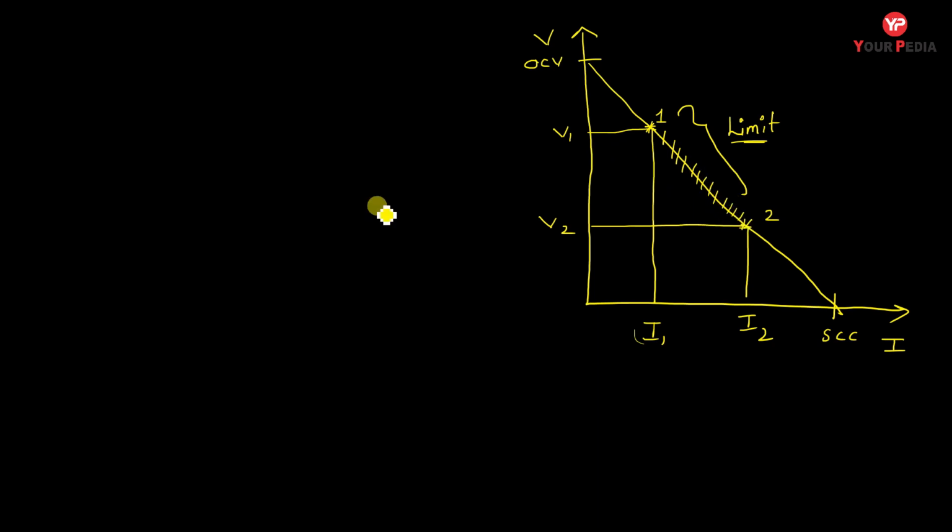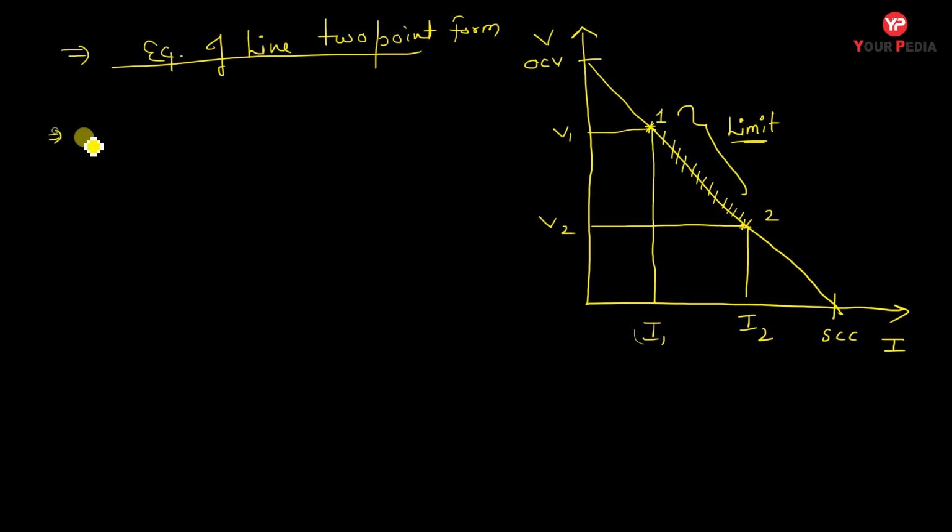In 10th class we have studied the equation of a line in 2-point form. That equation is y minus y1 equal to y2 minus y1 divided by x2 minus x1, into x minus x1. This is the equation of a straight line when 2 points on the line are given.